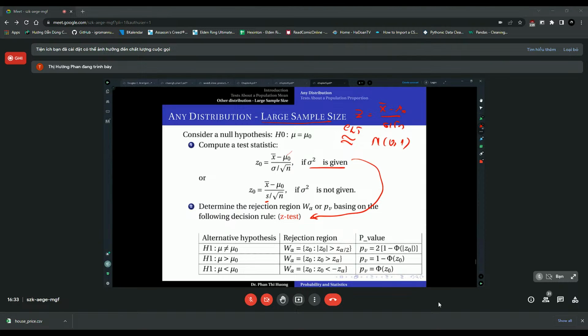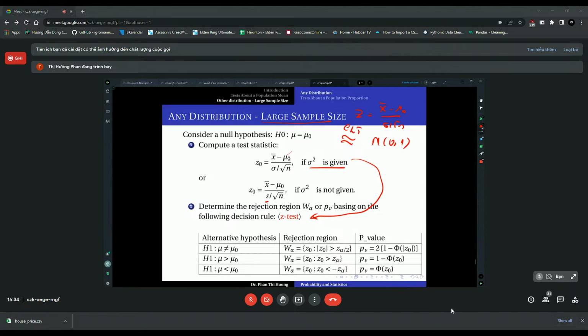Once more, my advice is that even though I only show you the construction for the first case, you try to repeat the procedure by yourself. Try to reconstruct the hypothesis testing for the second case and the third case. If you can repeat the procedure by yourself, you can understand the theory well.